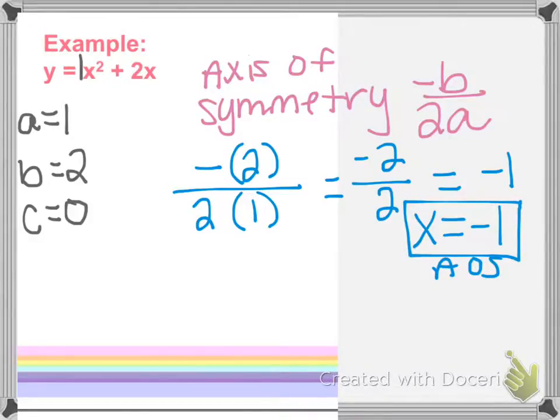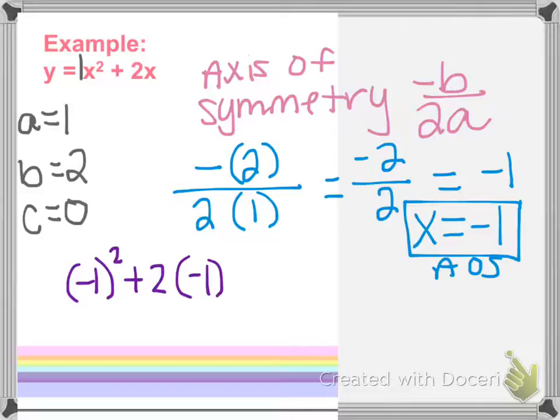AOS is axis of symmetry. But you also use that same number to plug into your equation to find y. So I start to write my equation. I see an x, and I'm plugging in -1 because that's what I got from my axis of symmetry. So anywhere I see an x, I plug in -1.